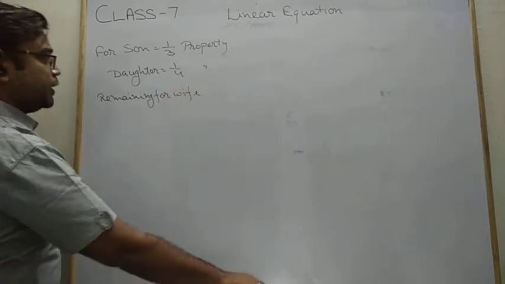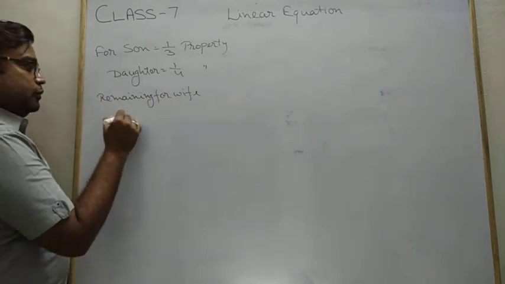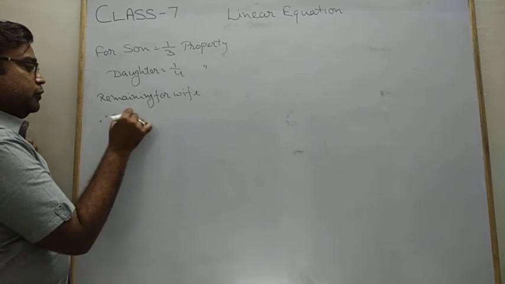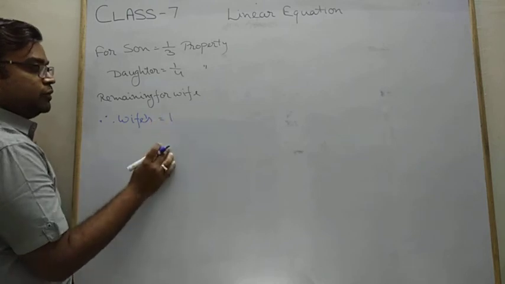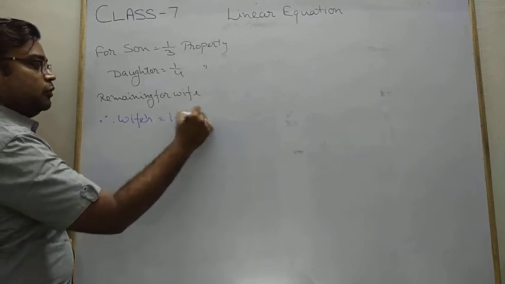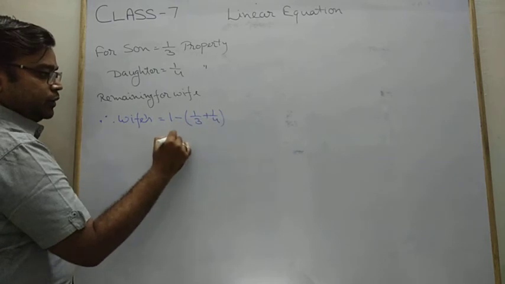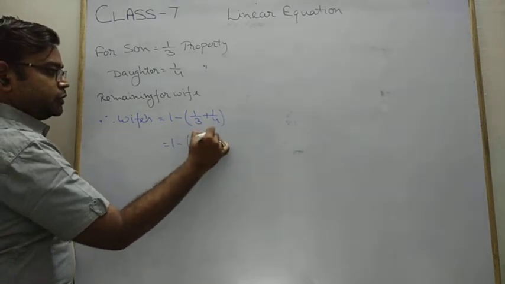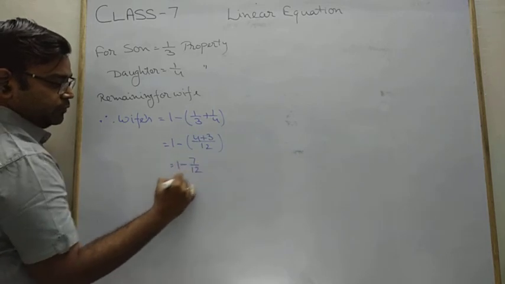So from this we can easily calculate the wife's share. The wife's property is your total property 1 minus 1/3 plus 1/4. 1 minus, it's 12, 4 plus 3, 1 minus 7 upon 12.